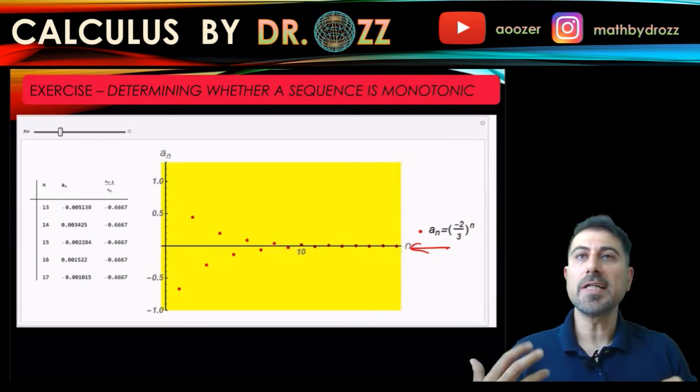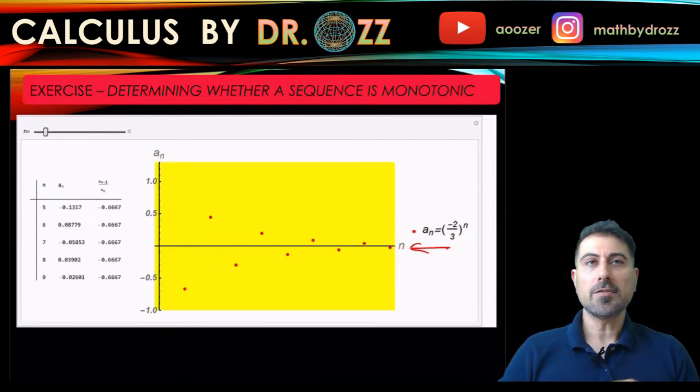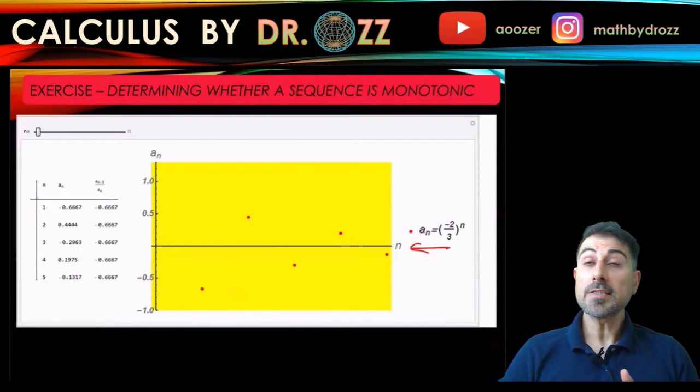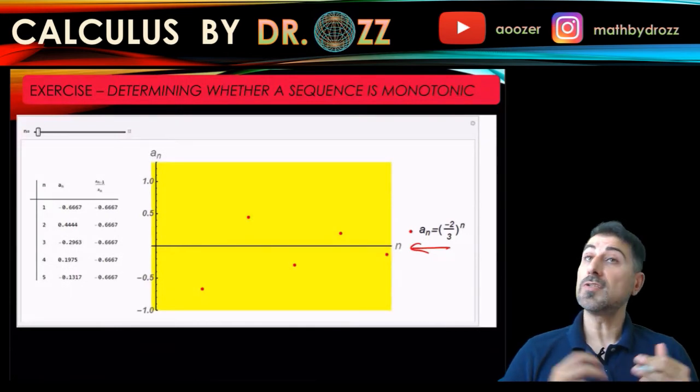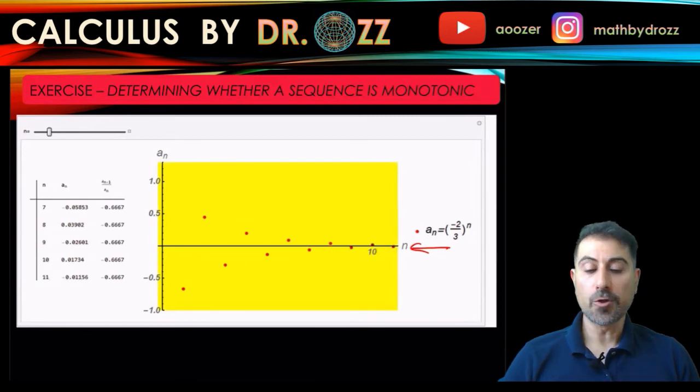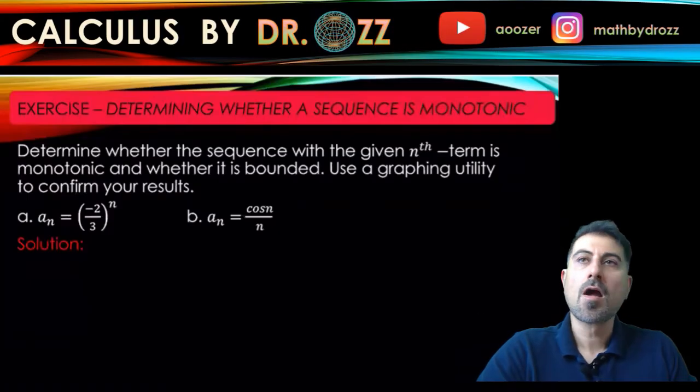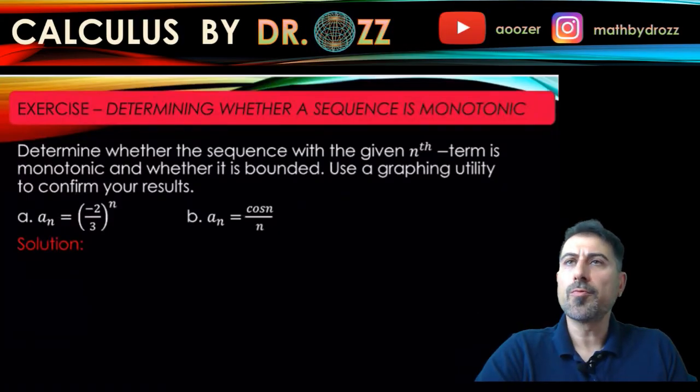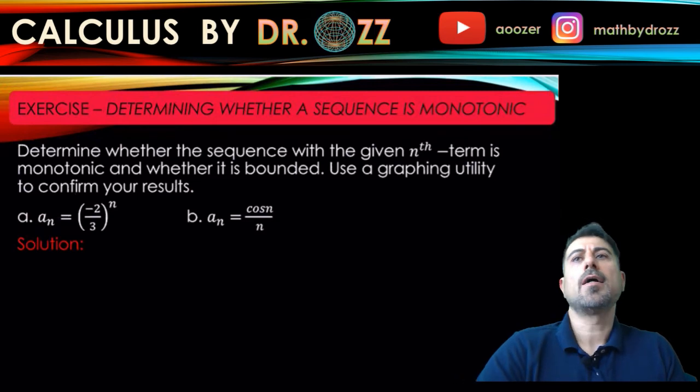So this is a very good example where you can't use the monotonicity of the sequence, but you can still deal with a convergent sequence.